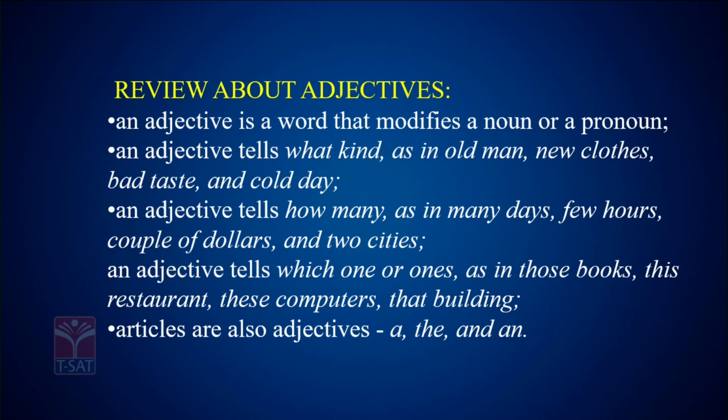An adjective tells how many, as in many days, few hours, a couple of dollars and two cities. An adjective tells which one or ones, as in those books, this restaurant, these computers, that building. So, that is how you should be able to identify the adjectives.